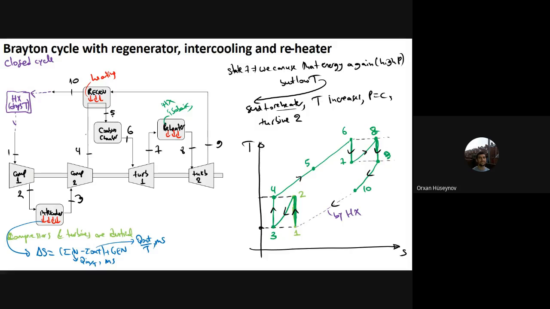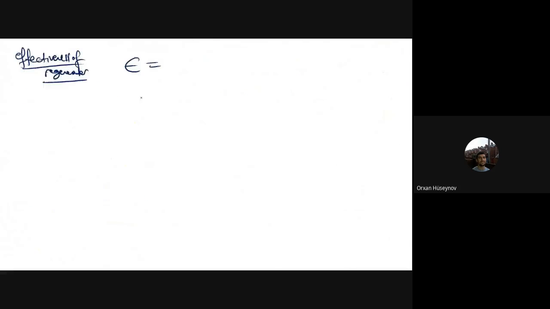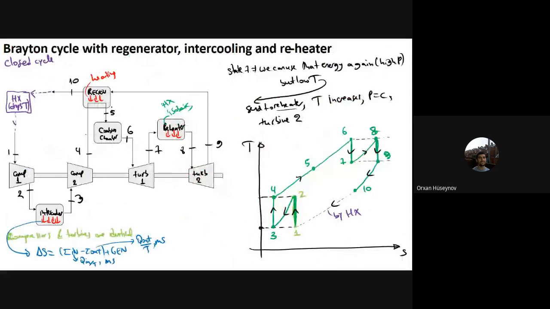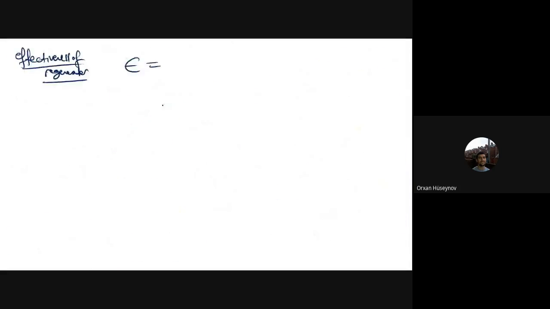For this 5, the effectiveness of the regenerator is determined by, let me first write the energy balance for this one. You will have the 4 inlet and the 5 outlet, 9 inlet and the 10 outlet. So this one is the regenerator. You have 4 here, this 5 outlet, this 9 inlet, and this 10 outlet.